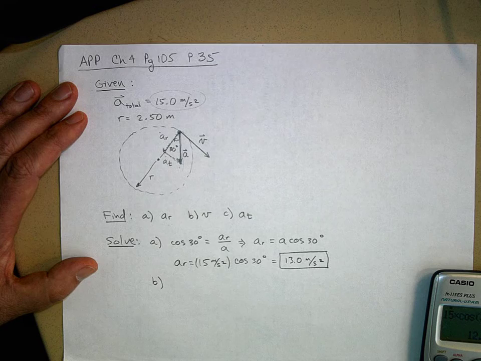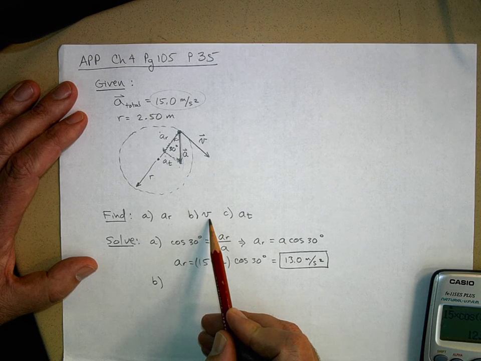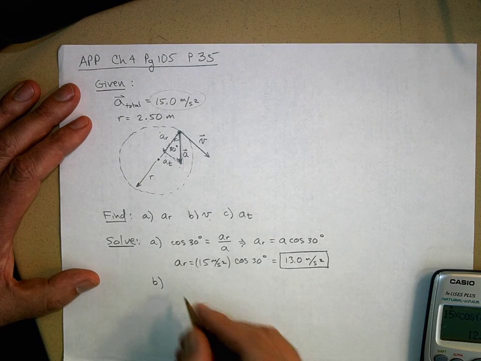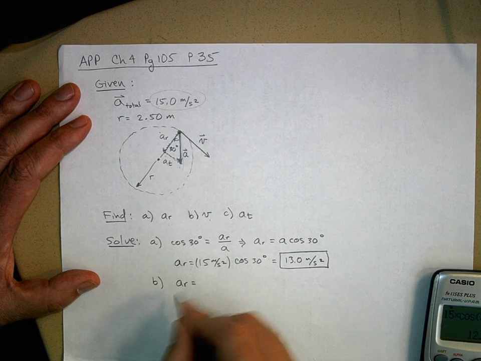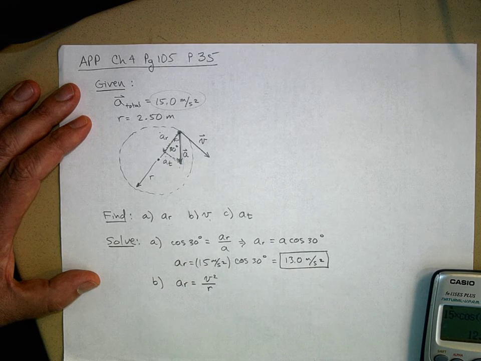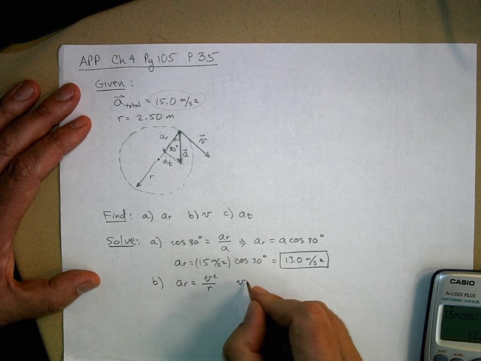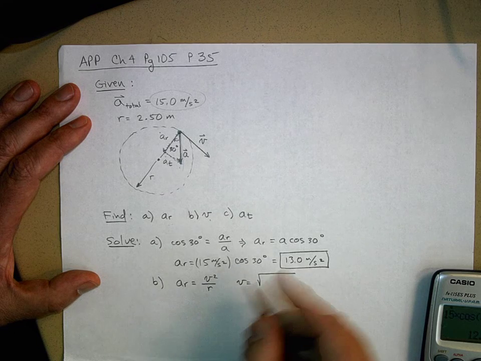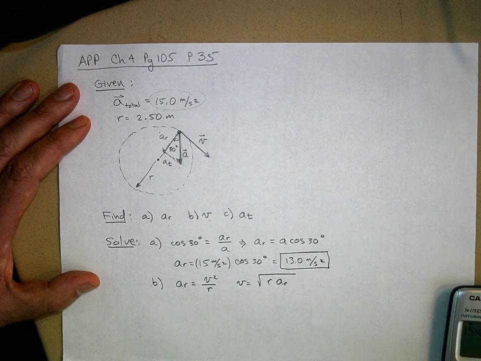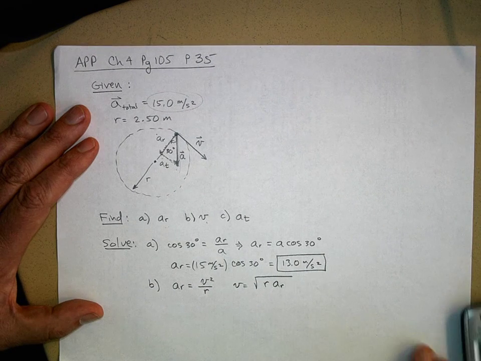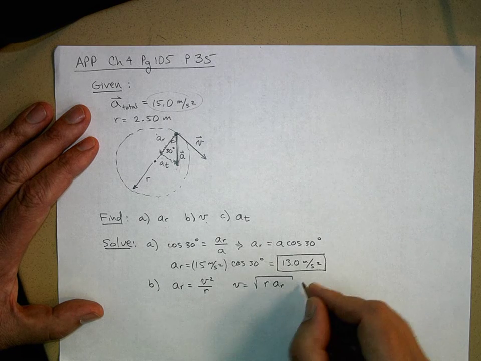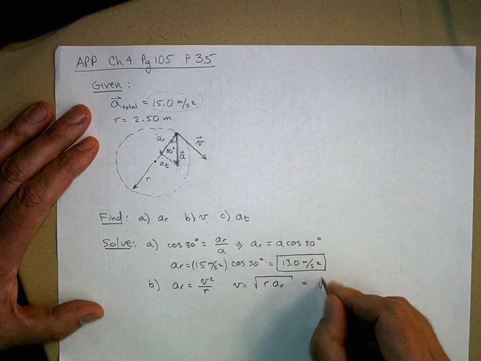Now part B, I want to know what is the velocity, or really the speed. We know that the centripetal acceleration, the magnitude of it, is equal to v squared over r. So v is equal to the square root of r times the radial acceleration. Now I'm going to plug in my values.